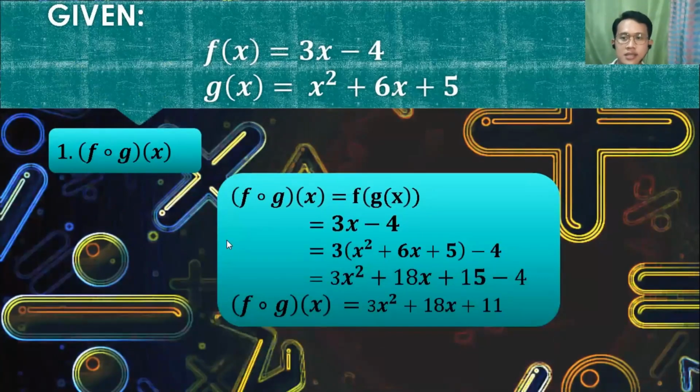This is how we do it. Copy first what is on the outside parenthesis, what function is on the outside. It's f. So we will be using f: 3x minus 4, and then the value of x in your f of x will be replaced by the function g of x, which is x squared plus 6x plus 5.